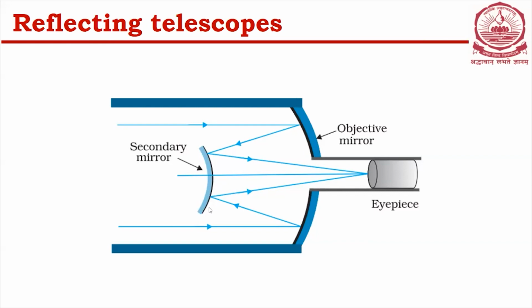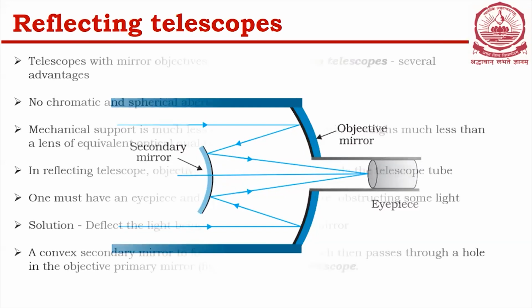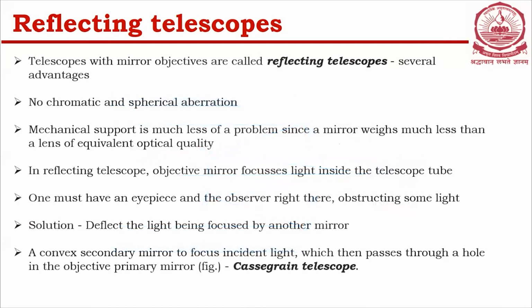After reflection from the secondary mirror, the light will pass through the eyepiece, so most of the light reaches it. So this is what reflecting telescopes are, and the magnification of a reflecting type telescope, as with a refracting telescope, is f naught divided by fe. That's what we have seen.